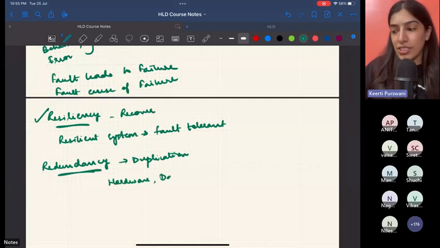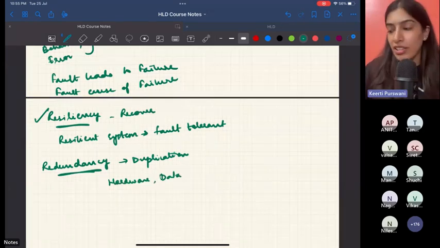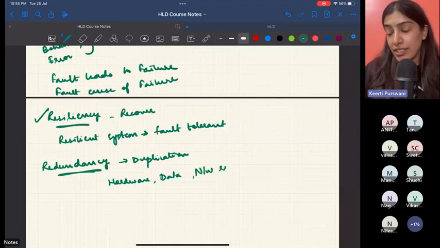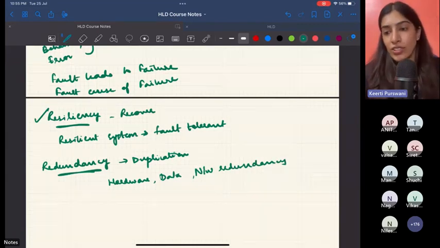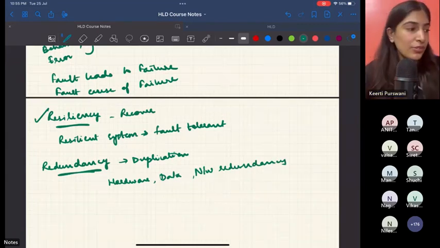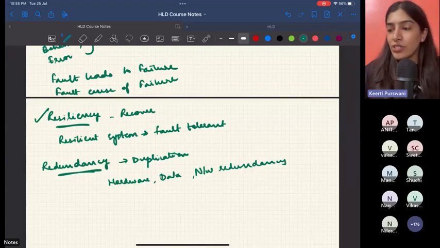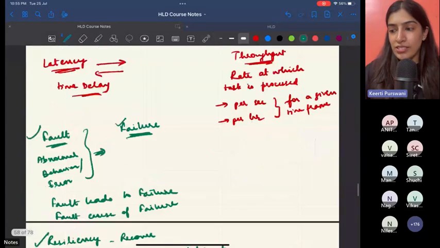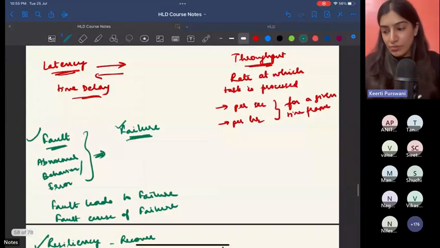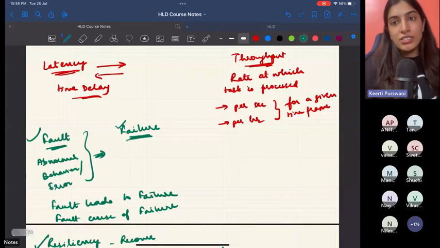It can be data redundancy or data storage. There can be network redundancy, then service redundancy and all of that. Unnecessary duplication. Okay, cool. Has everyone understood these terms? Do I need to quickly revise? Everyone understood CAP theorem, consistency, availability, partition tolerance?